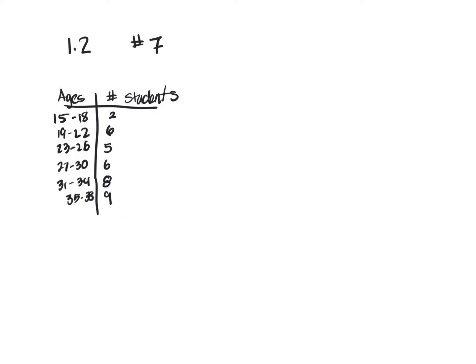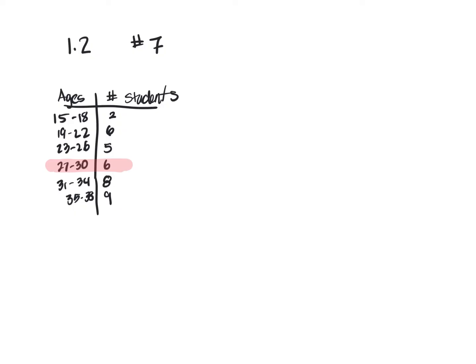So the first thing I notice is that this is the class with the lower class limit of 27. So we want the cumulative frequency.